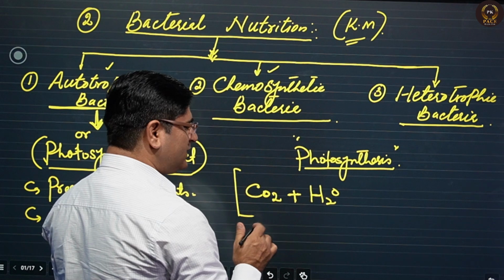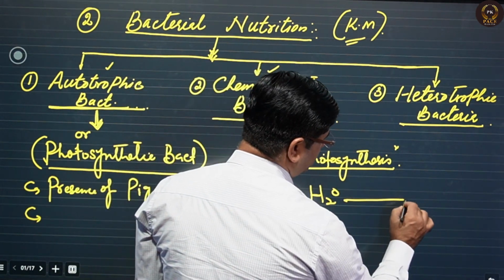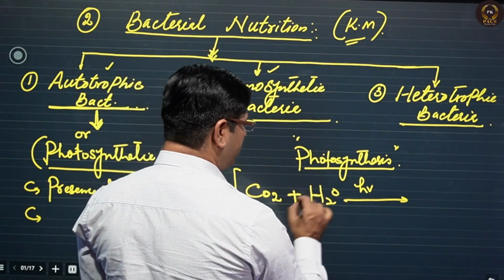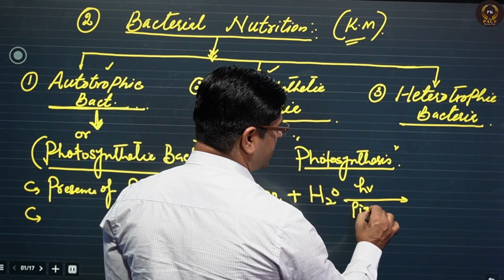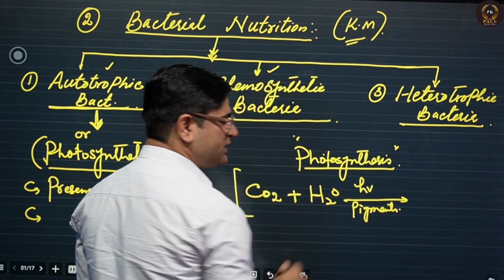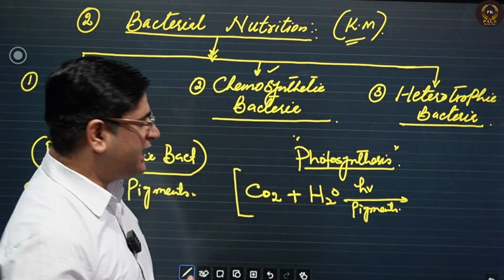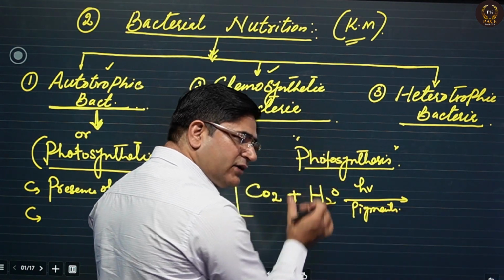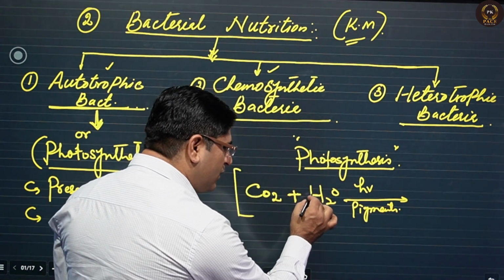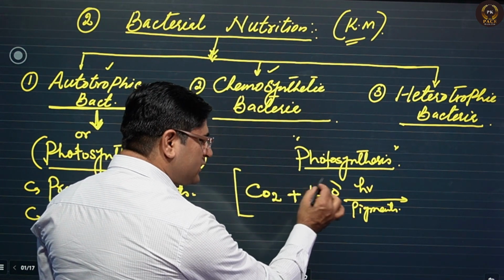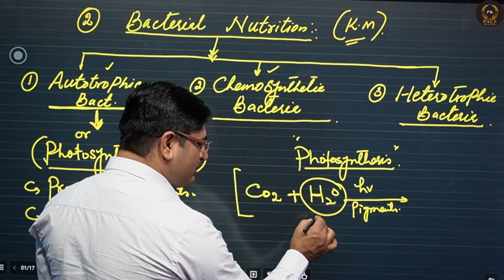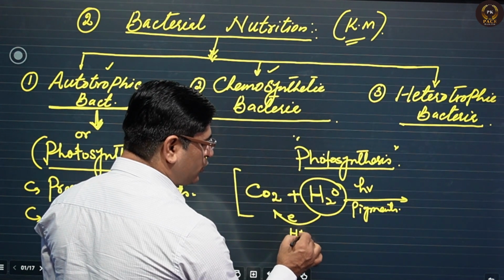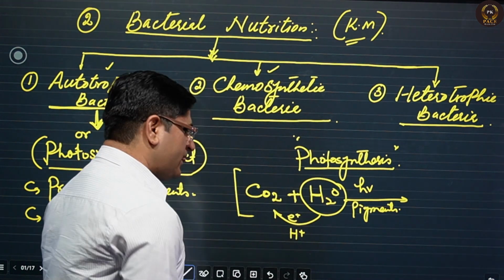So in the presence of light and pigments inside the organs of the plants, when light falls on the leaves, the pigments entrap the light, and with the help of that light, water supplies electrons and protons, both.